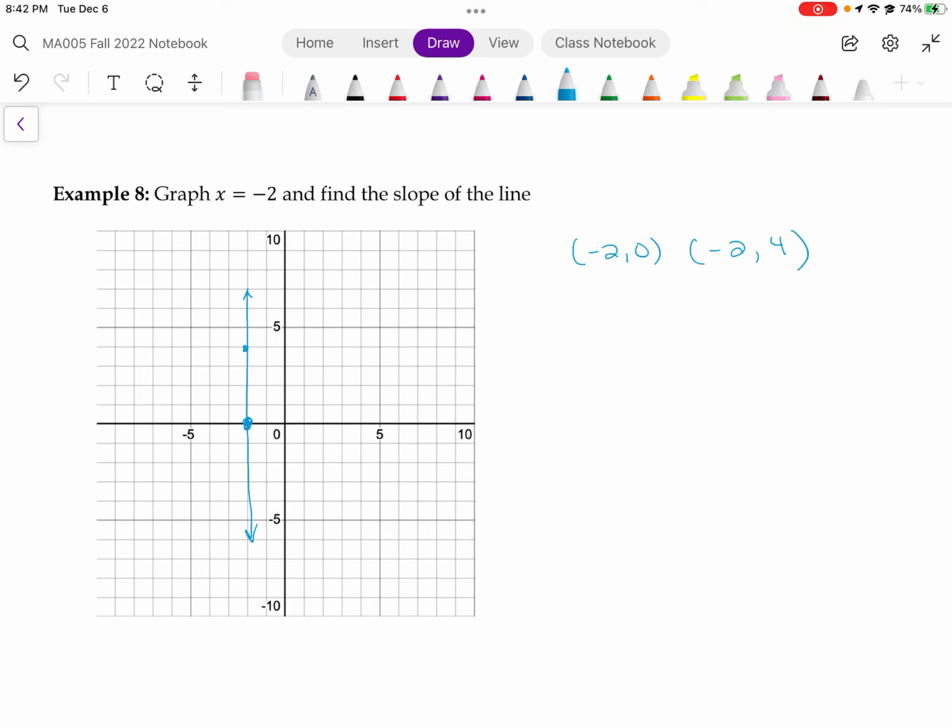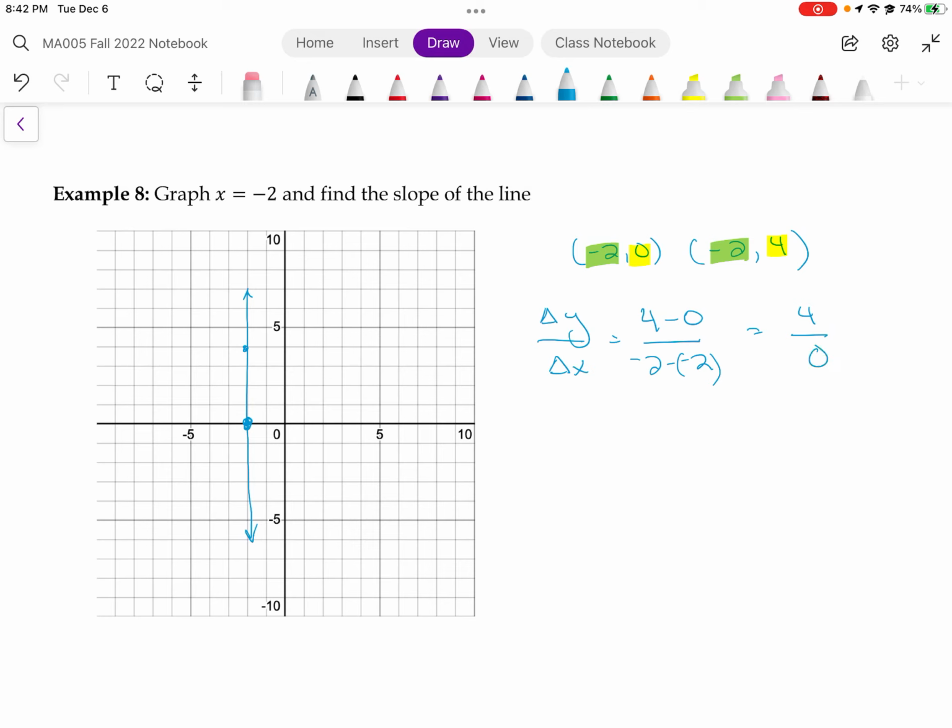All right, change in y over change in x. The change in y would be the y's here, 4 minus 0. And the change in x is going to be negative 2 minus negative 2. So negative 2 minus negative 2. All right, so I get 4 over negative 2 plus 2 is 0.